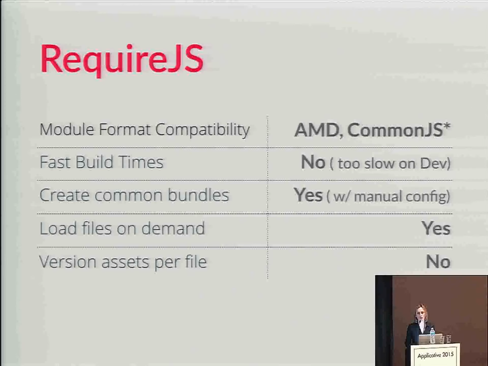So if you have a lot of them, it's going to be too slow. Create common bundles, yes, it can do that, but you have to add some manual configuration to the system. Load files on demand, yes, that's what RequireJS is known for, so it definitely can do that. Version assets per file, no, you will have to implement it yourself.